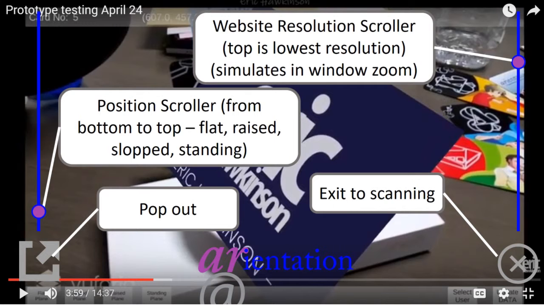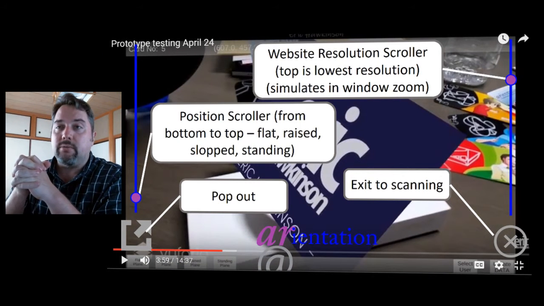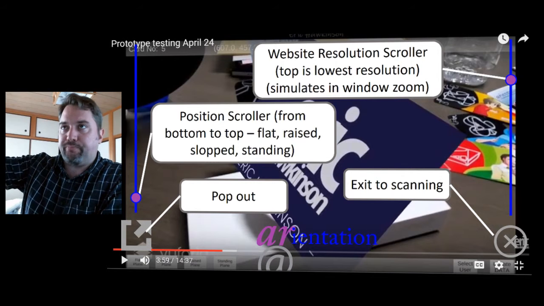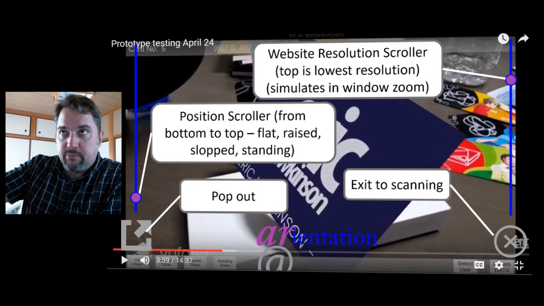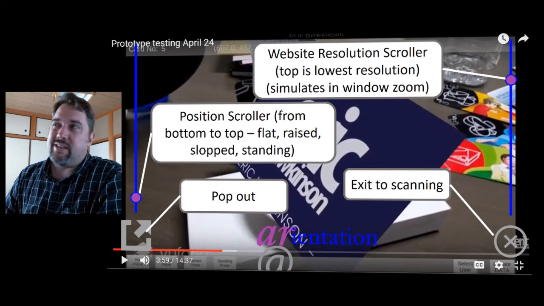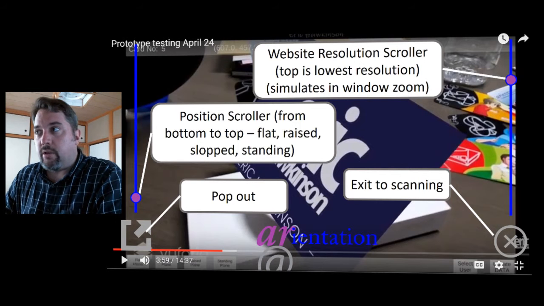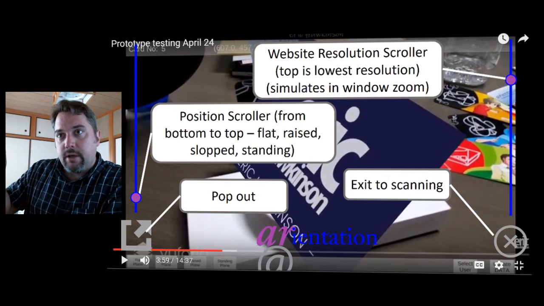That's great. We don't want any changes to that. But for the actual website itself, if we could change the resolution at which it's being represented. So on the very top, it's being zoomed in. That means the resolution is very, very low. And then a couple of notches down, we can set maybe 4 or 5 resolutions from very low to very high, so you can just notch them up and down.